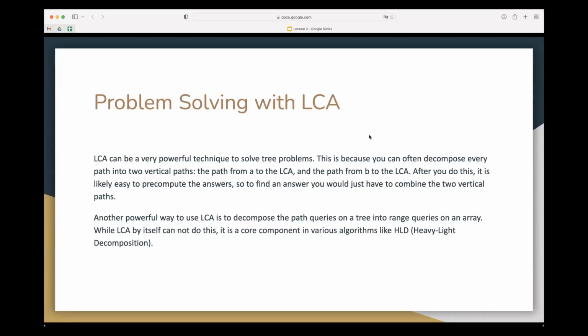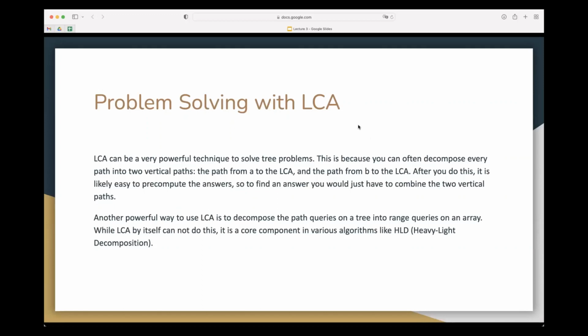You need to use a segment tree. Well, if you want to use a segment tree, HLD is essentially just an extension of LCA onto segment trees. So the basic idea is you want to sort the edges into heavy and light.